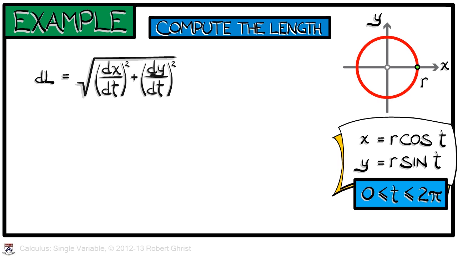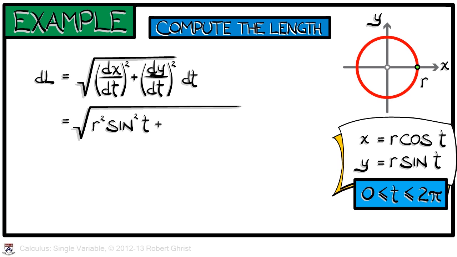Then, in this case, the Arclength element is the square root of (dx/dt) squared plus (dy/dt) squared times dt. When we differentiate cosine and sine, we get, very simply, r squared sine squared t plus r squared cosine squared t, dt.